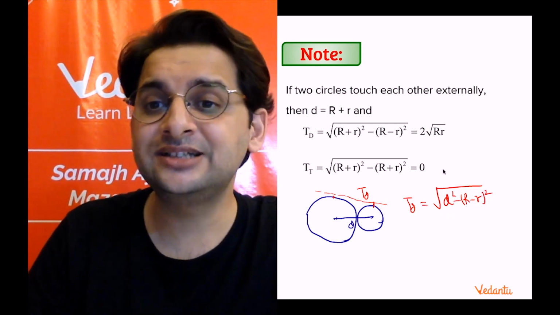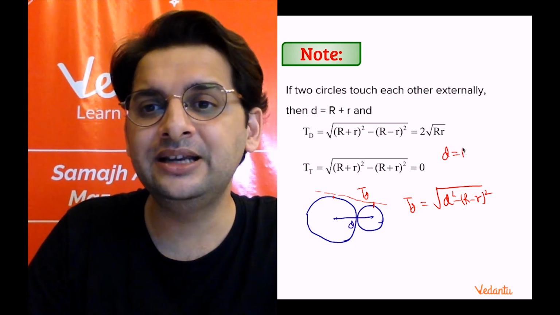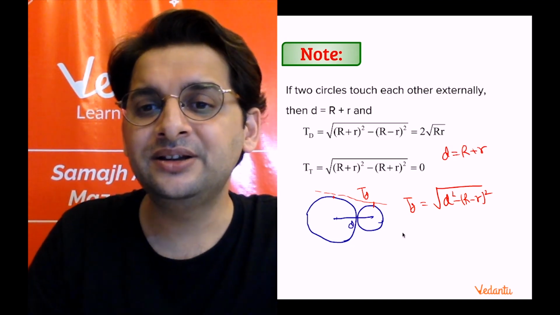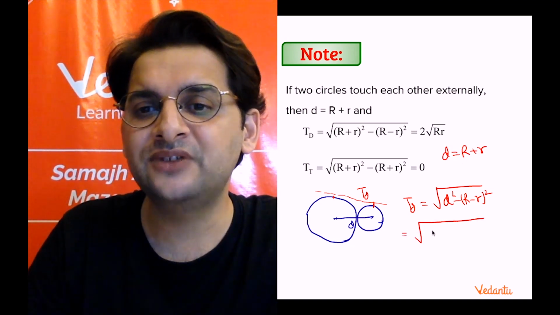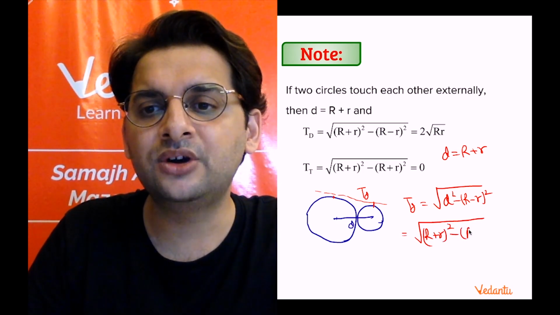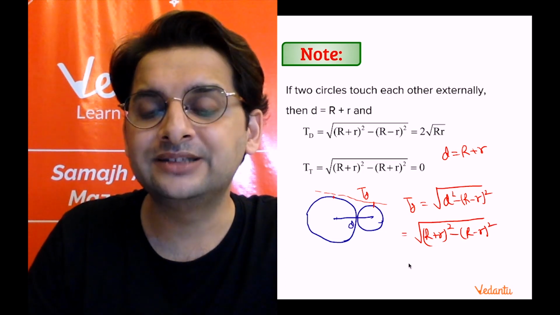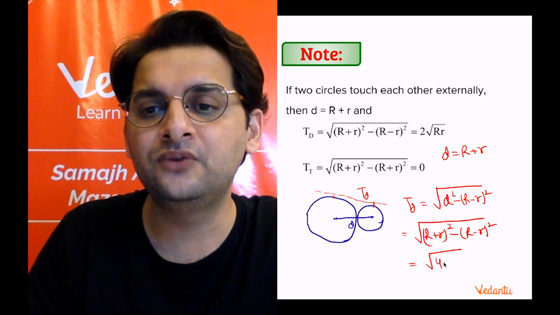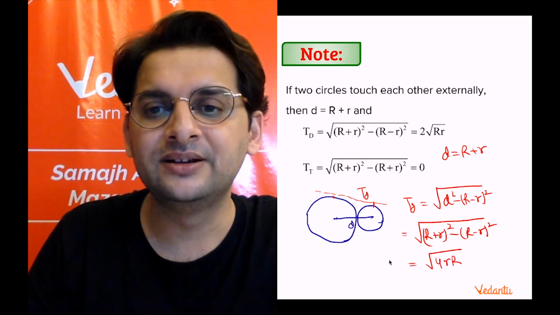But when two circles touch each other, we also remember that D is equal to R plus r. So let us substitute this value: (R plus r) whole square minus (R minus r) whole square, and simplify, we get 4Rr.